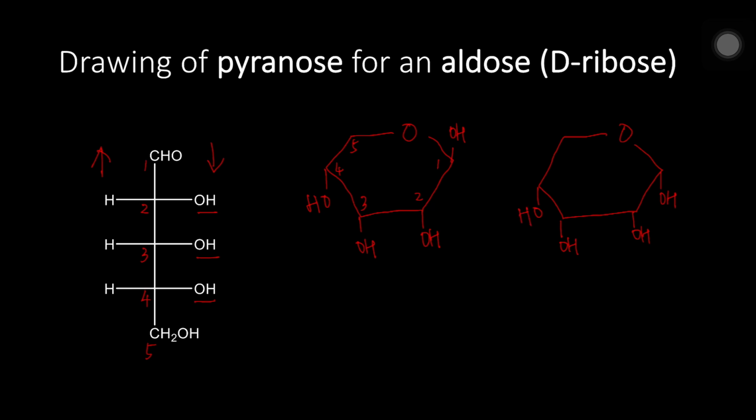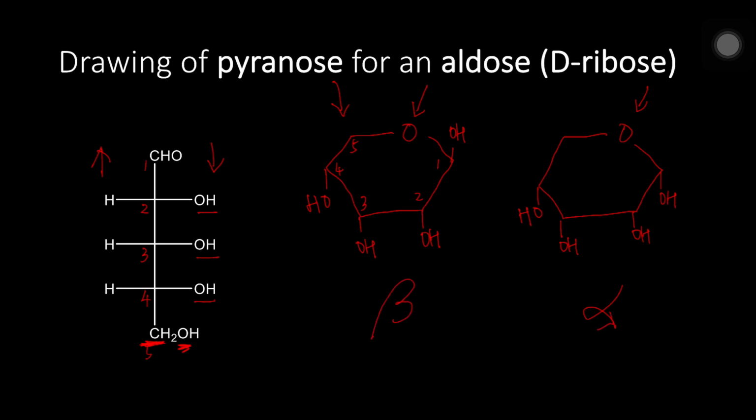Now you have carbon number 5. Carbon number 5 is already part of the ring, and this oxygen is the oxygen in the ring. So this is the pyranose for D-ribose. This is the alpha anomer and this is the beta anomer.